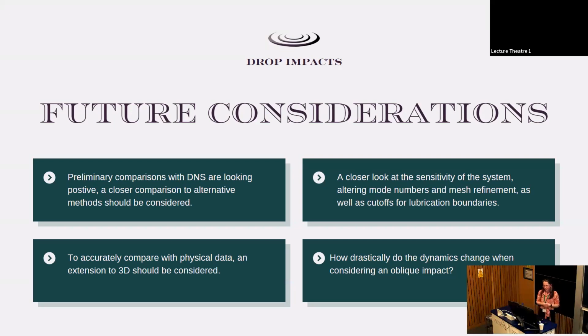A potential extension that we're interested in is looking at 3D and how that would affect it, and also potentially if we consider oblique impact, so allowing that droplet to move, not just restricting to the vertical, how that affects the pressure profile, because a lot of the assumptions that we make do assume symmetry. So it'd be interesting to see if the assumptions that we make would still work.